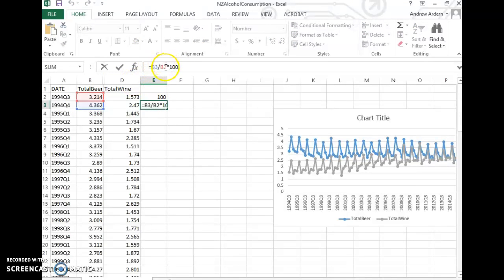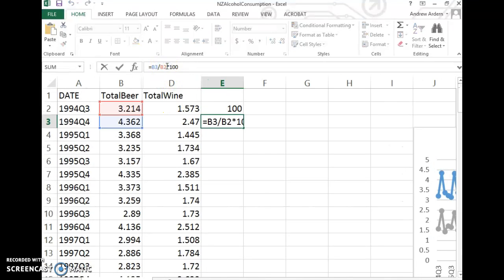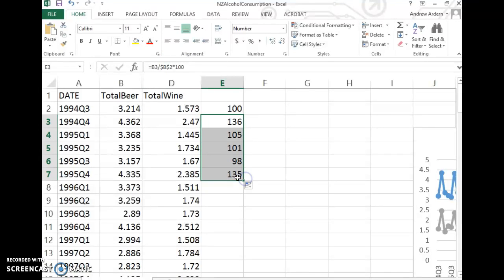But if you come back in here and push F4, it puts those two dollar signs. Can you see that? F4, it puts two dollar signs in there. What that does is that when I drag this down, it will always reference the first cell.